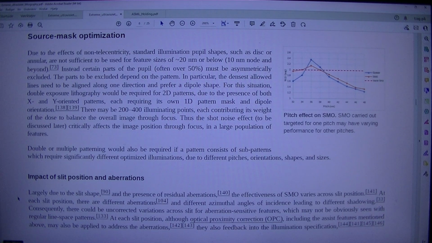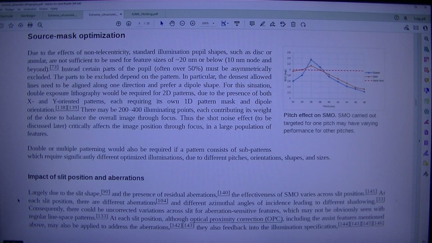There are different aberrations and different azimuthal angles of incidence leading to different shadowing. Consequently, there could be uncorrected variations across slit for aberration-sensitive features, which may not be obviously seen with regular line space patterns.